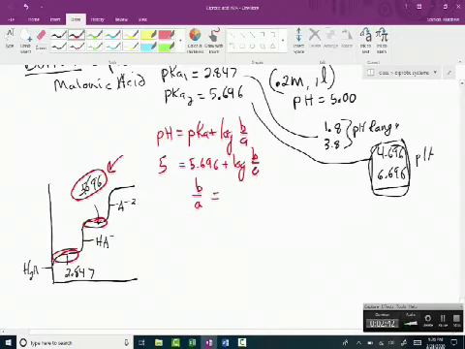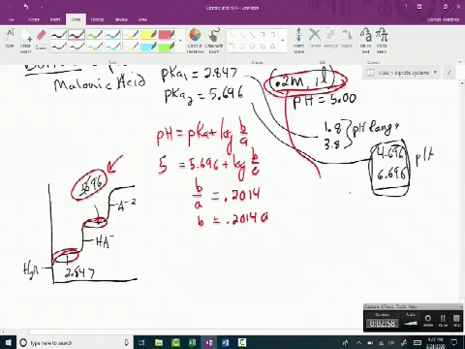You guys should be able to do this at this time. B over A is 0.2014, so B equals 0.2014A.